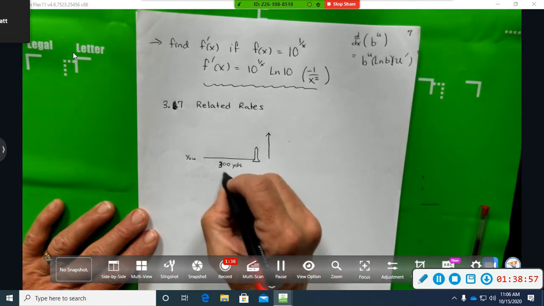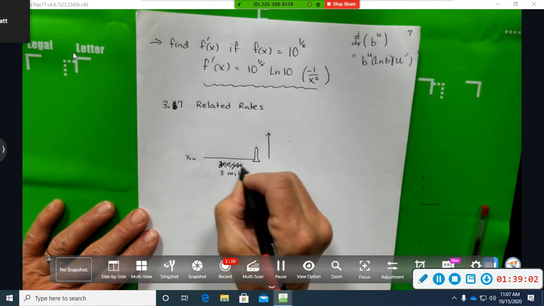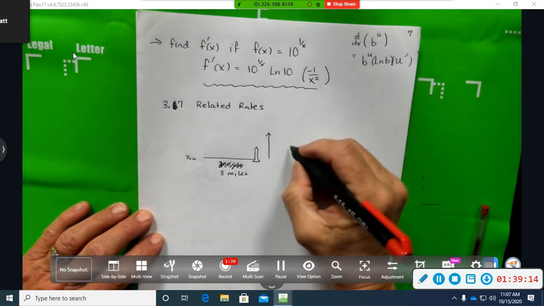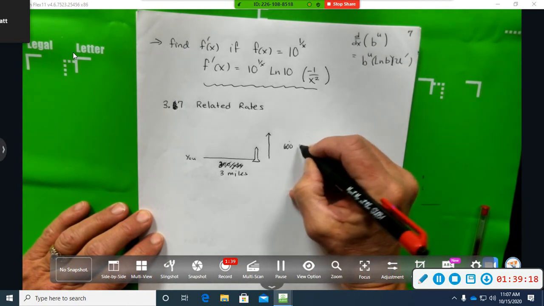All right, this is 3 miles. You're 3 miles away from the rocket. It's better than being 300 yards from the rocket, where you're going to be blown to smithereens anyway. All right, this rocket is lifting off at 600 miles per hour.